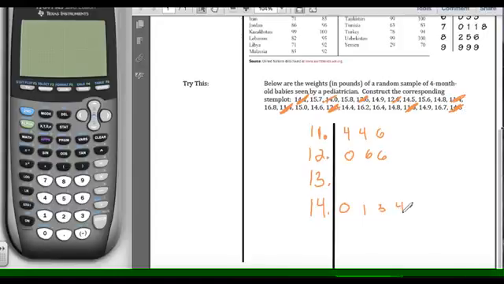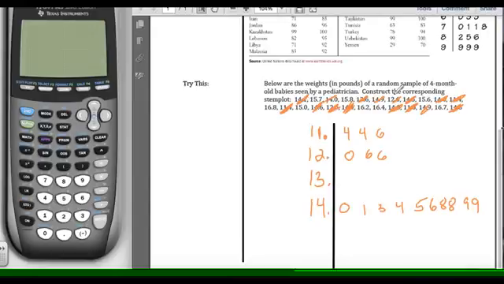There was a 14.4, 14.5, 14.6, and all I see left is an 8, a 9, and a 9. Oh, there were actually 2 8s. Let me throw that extra 8 in there. So 6, 8, 8, 9, 9.